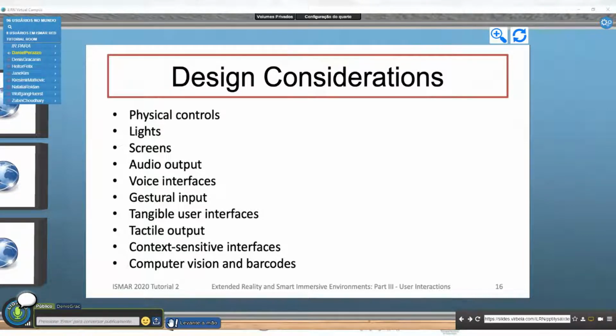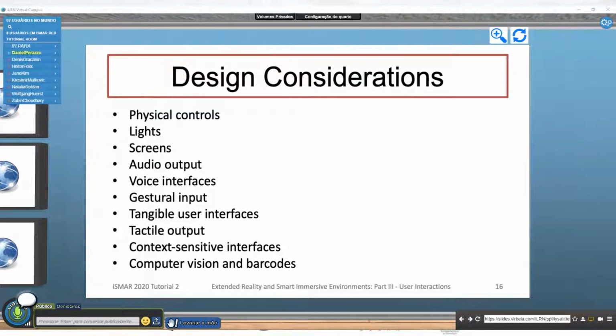The next is to use objects or props or tangible user interfaces as an intermediary between the user and the system. We can then also, as a part of that, provide tactile output. For example, game controllers provide vibration in certain segments or moments of the gameplay.